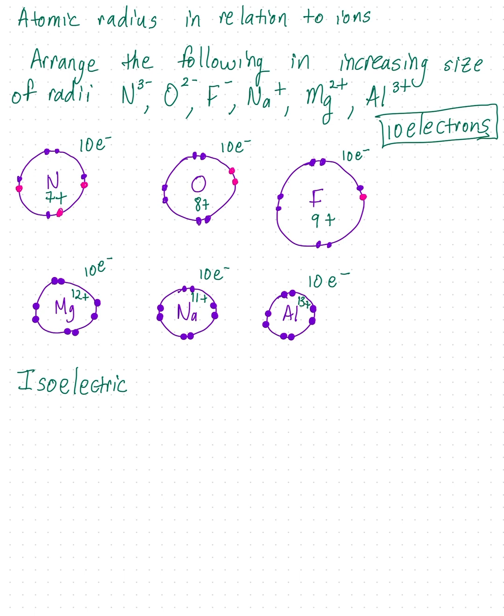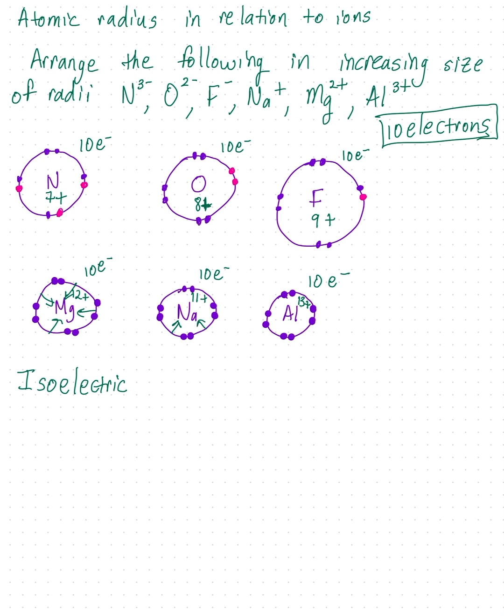So when you're looking at these, that looks like a 7, that's just a positive. When you're looking at these, you can see that there's an uneven amount of protons versus electrons. So if you are positively charged, you're going to have more protons. And what these protons are going to do is they're going to pull in these electrons to make this ionic radius smaller.